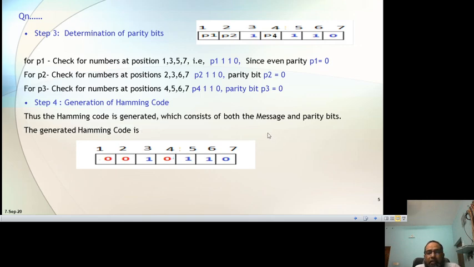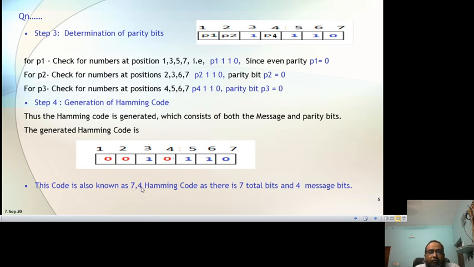So this is the generated Hamming code. This is known as the 7,4 Hamming code, because there are a total of 7 bits, out of which 4 bits are the message.